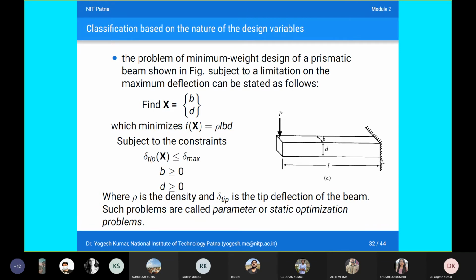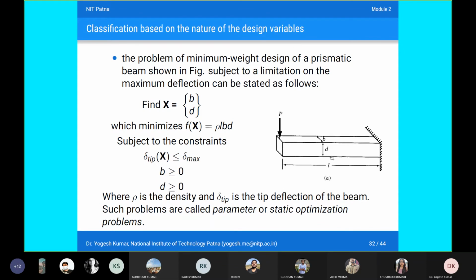The distance from this fixed point, this b is constant throughout your cross section. Even your d is constant throughout the whole cross section. So we can say that b, d and l are independently constant values throughout this cantilever bar.